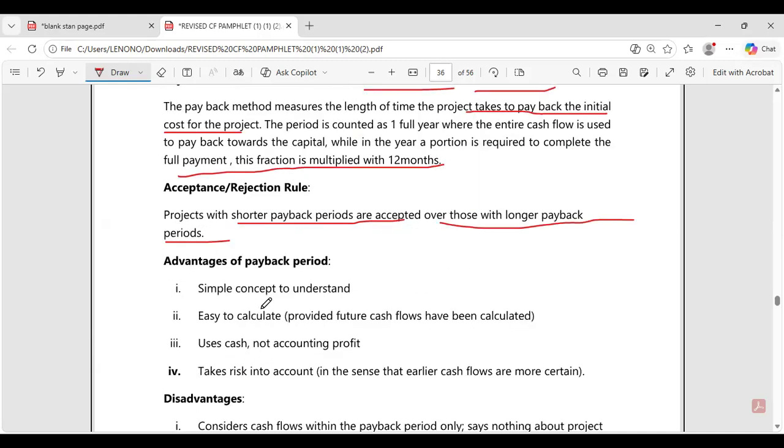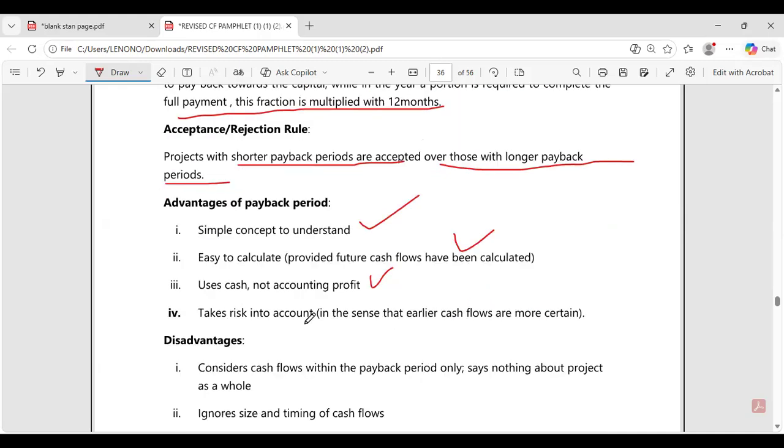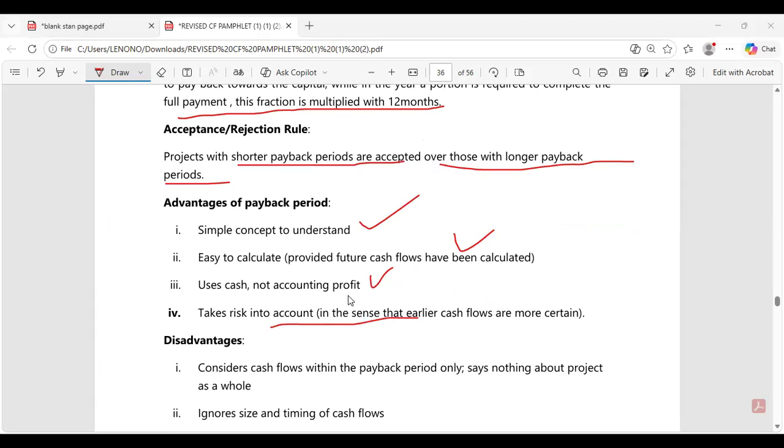Advantages of payback: it's a simple concept to understand, easy to calculate, uses cash flow not accounting profit, takes risk into account. All right, first is on the advantages. Okay, so you are able to follow.